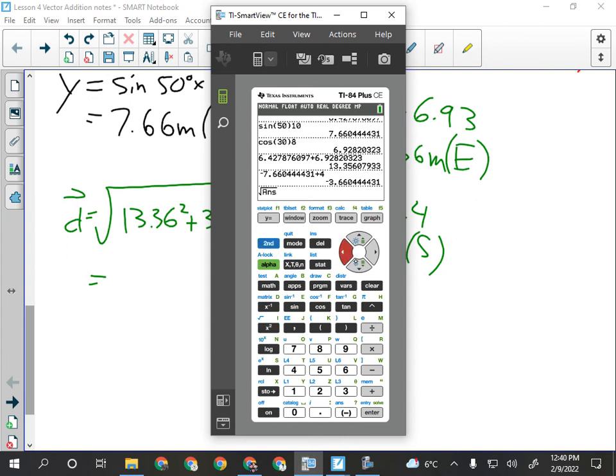I can't do that. I have to take the negative off of that. Squared plus that one squared. That didn't work.